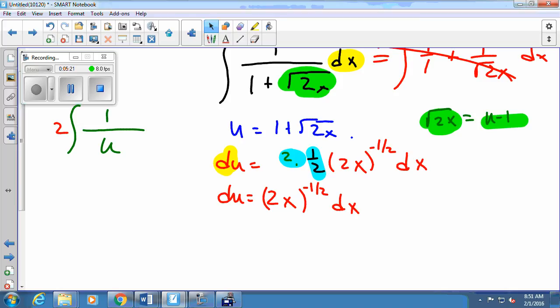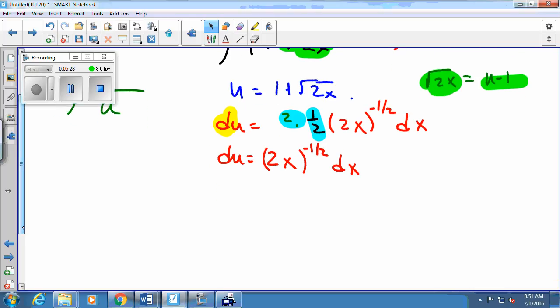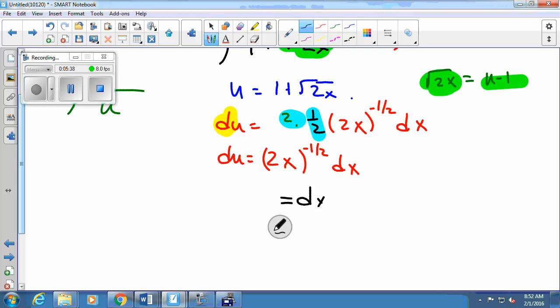So if I'm trying to replace dx, what do I know about dx? What could it be equal to? So what would dx be equal to then, Claremont? What would you get? To the negative 1 power, right?